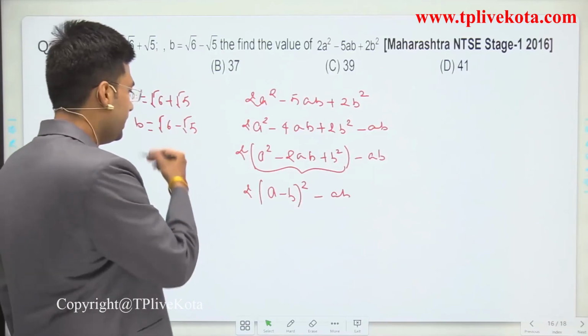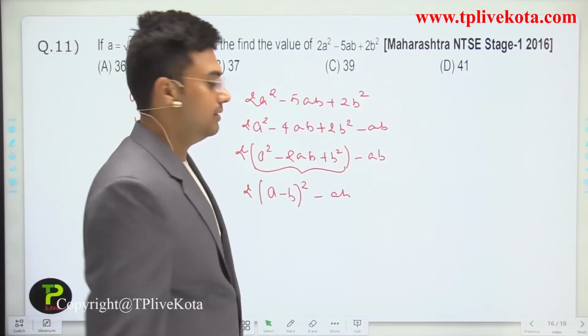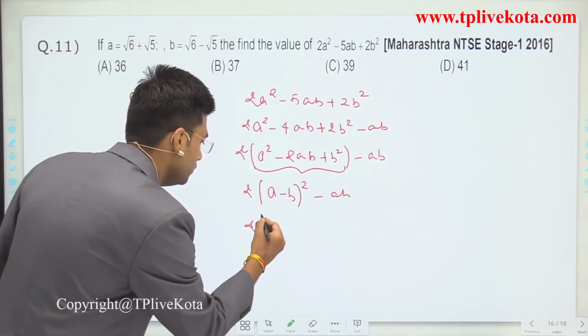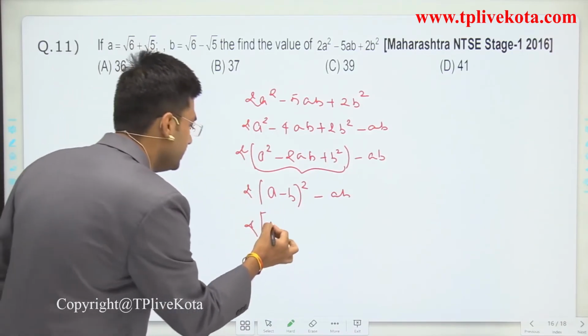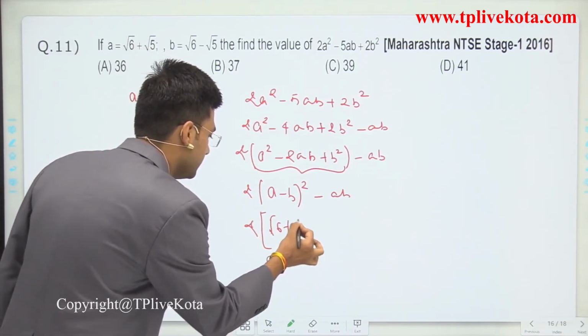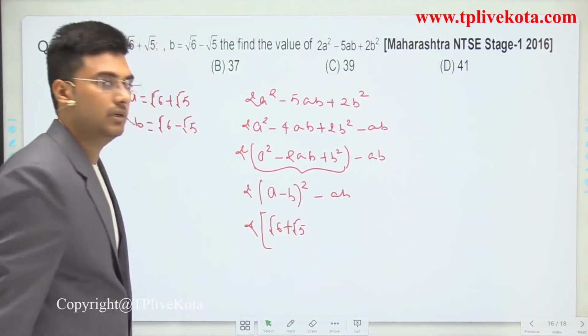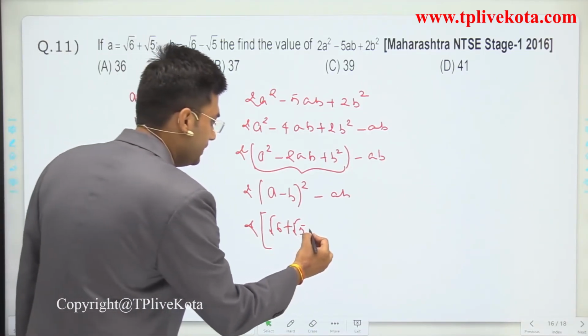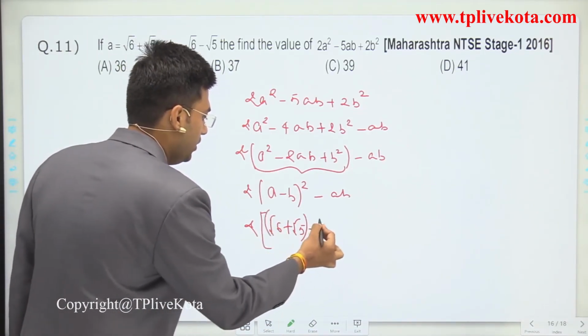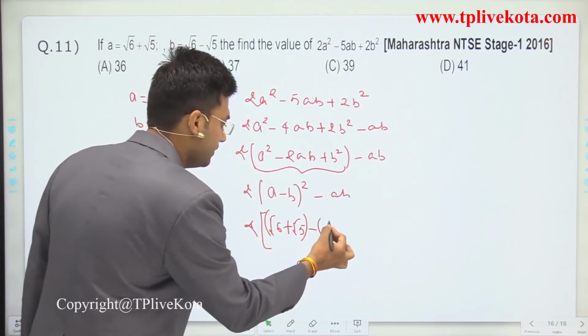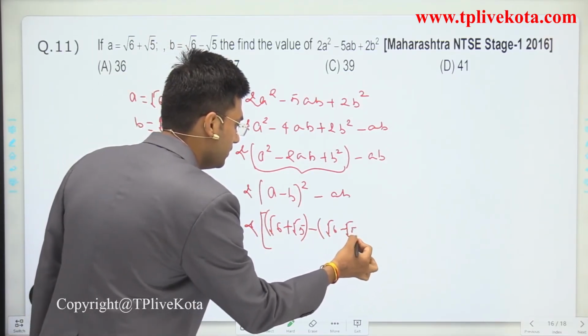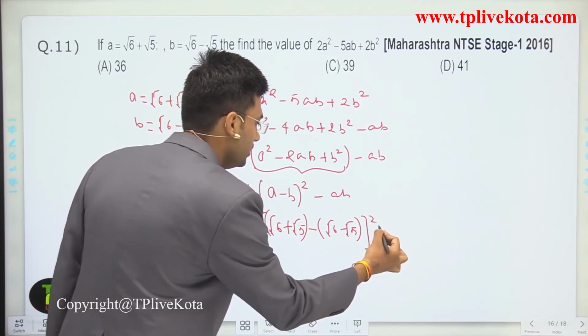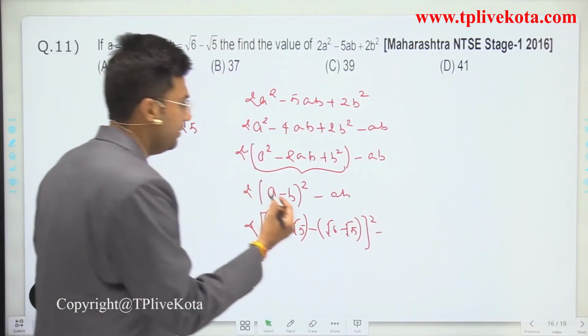Now let's replace the value of a and b. So 2, the value of a is root 6 plus root 5. Clear? Minus the value of b, root 6 minus root 5, and whole square, minus a multiplied by b.